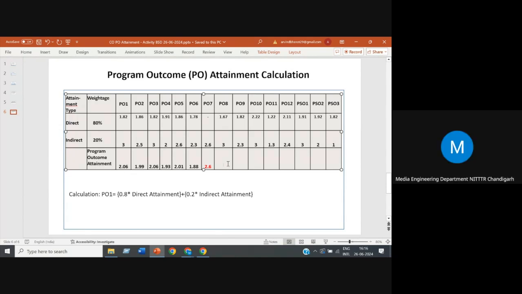Okay, what are the values for the other PO8 and PO9? PO8 is 1.936. 1.936 means we can write as 1.94. Okay, next PO9, 2.376, which is 2.38. Okay, quickly please let me know for PO10.